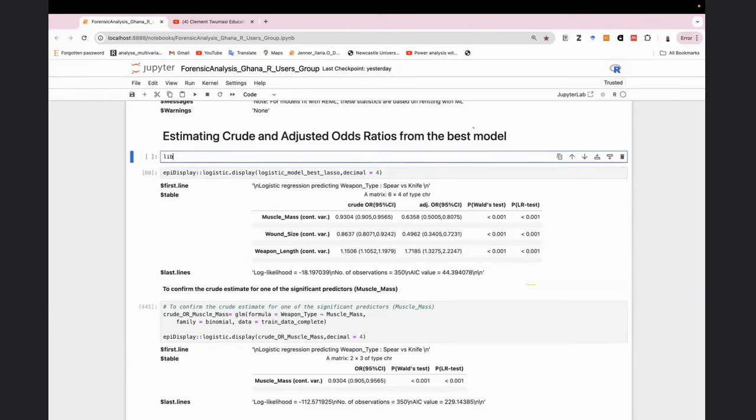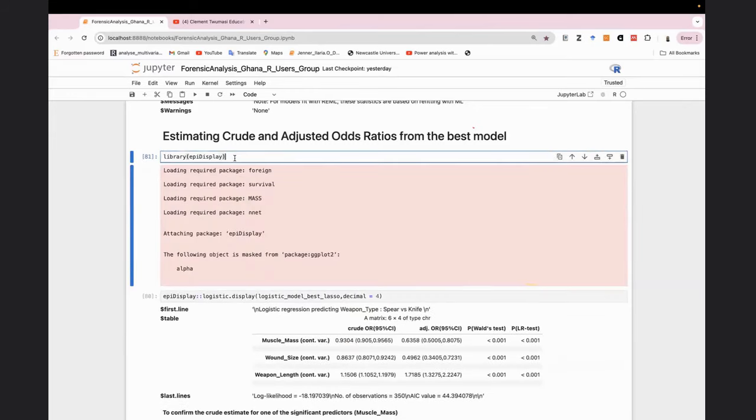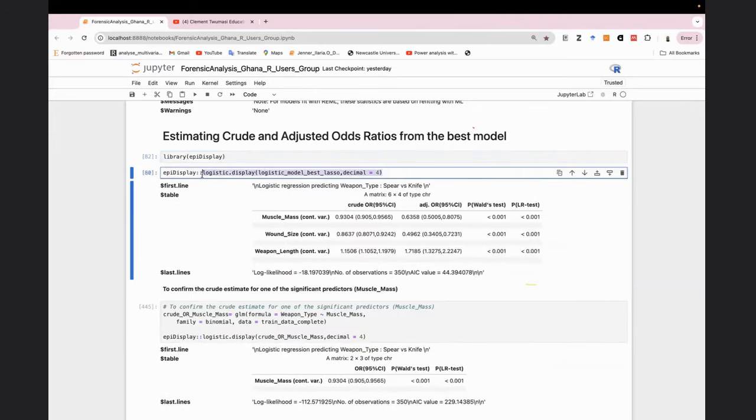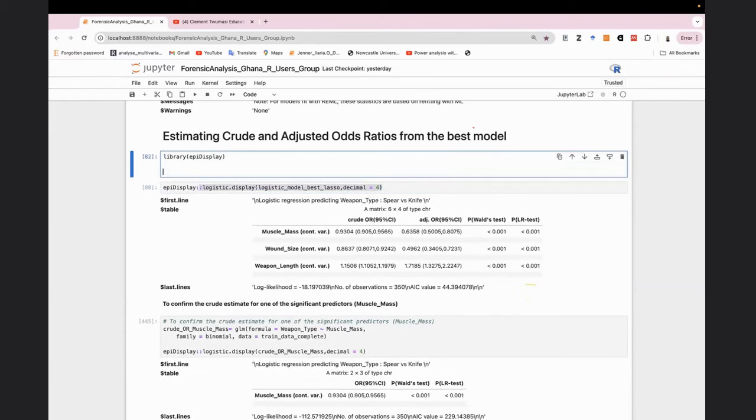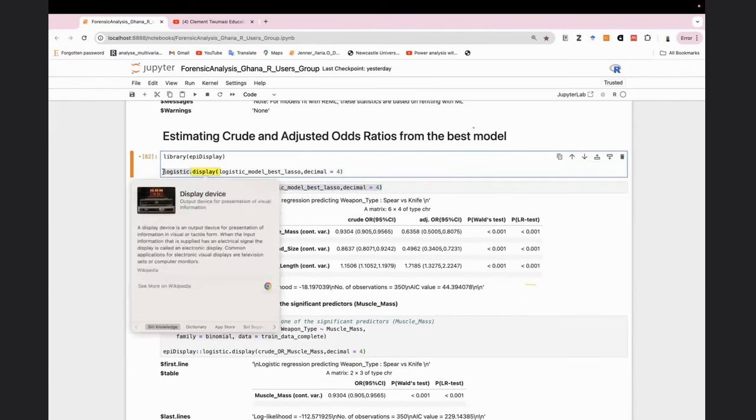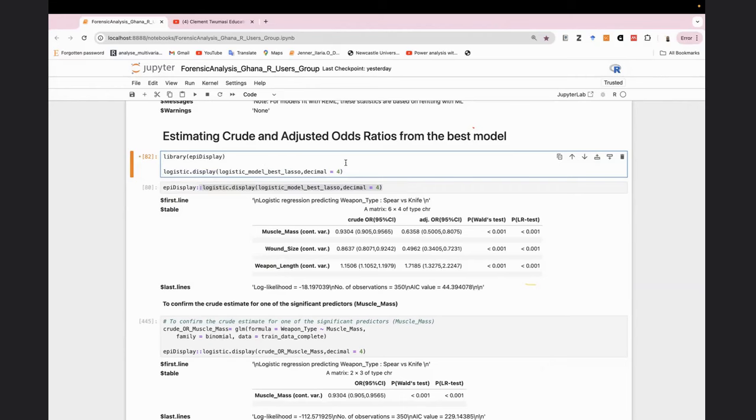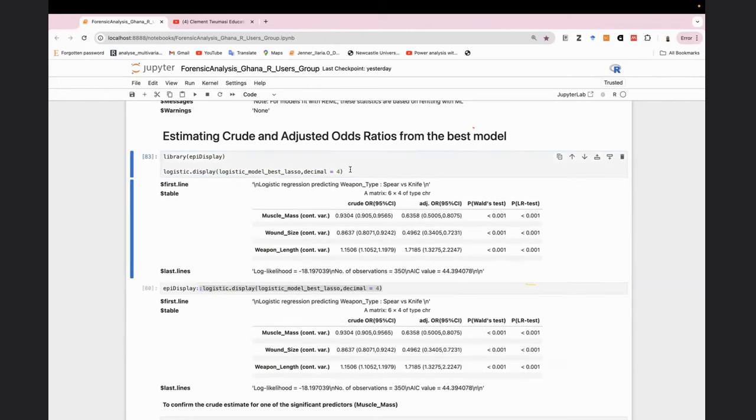It is similar as if I had just used library, epiDisplay. If I load this, in that case I don't need to bring the package name and the colons, I just need to specify logistic.display, and that will give me the results as well.